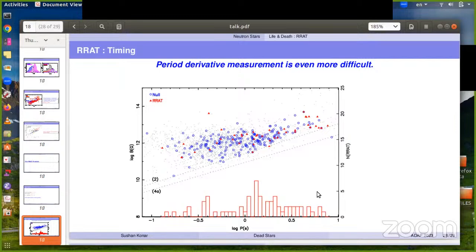If we know the spin period, and seeing that they are still functioning as pulsars, what can you say about them? About their magnetic field? Can someone make a guess? You know the spin periods and you know that they are functioning, not very well, but functioning as radio pulsars, similar to radio pulsars. What can you say? Any guess?